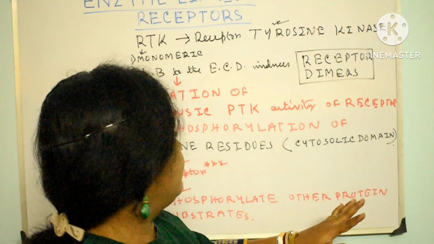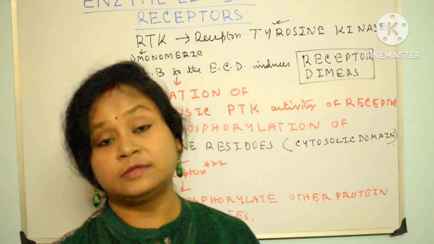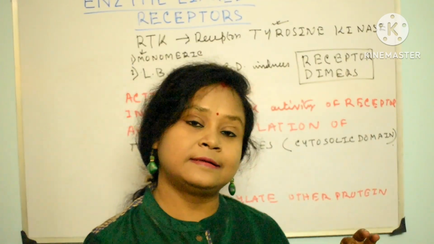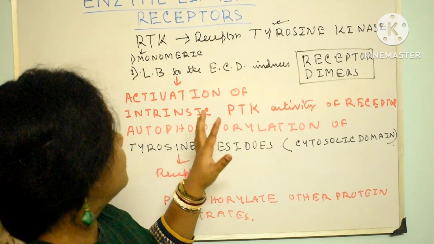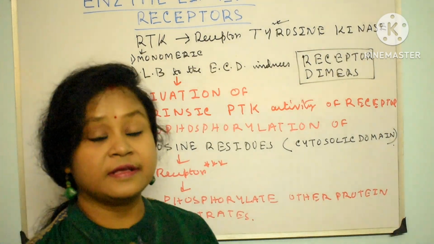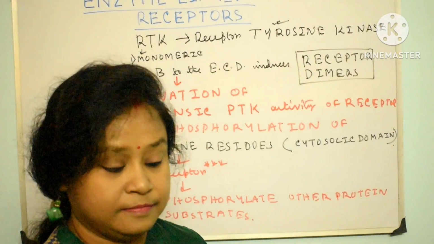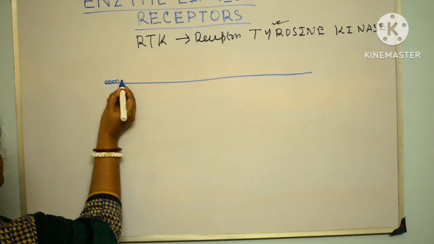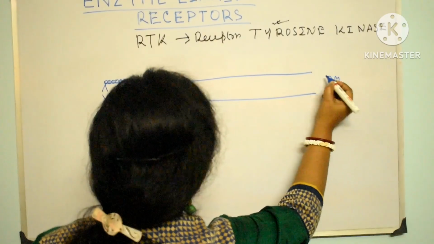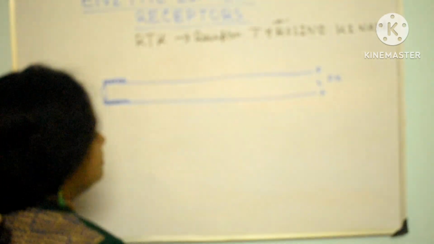Now let's have a look at the diagram. Along with this theoretical portion, you should mention the diagram. Without the diagram, the description of RTK will remain incomplete. So let's concentrate on the diagram. When you draw it, draw the lipid and protein layer of the membrane.